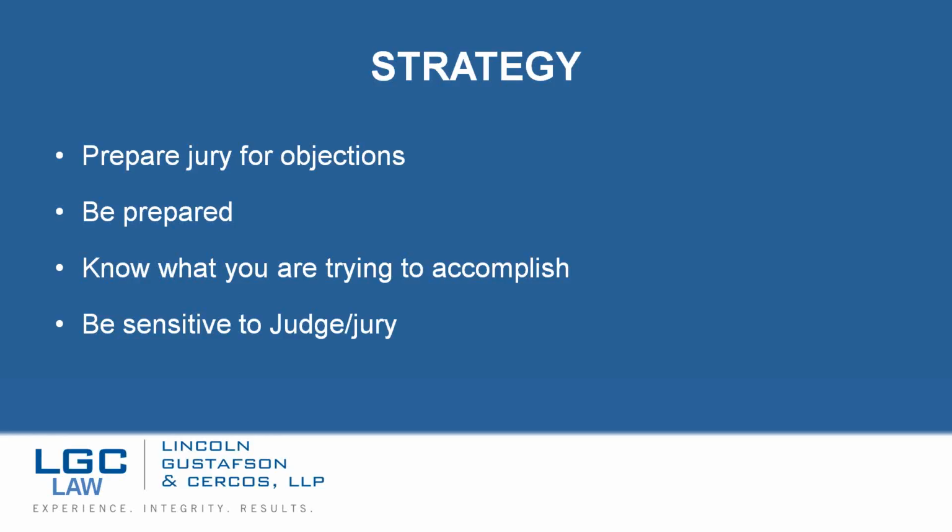You make objections to preserve a record on appeal. If you don't make a timely objection, oftentimes, depending on what the issue is, the appellate court won't accept the objection post-trial. So one of the reasons you make the objection is to preserve that record on appeal.